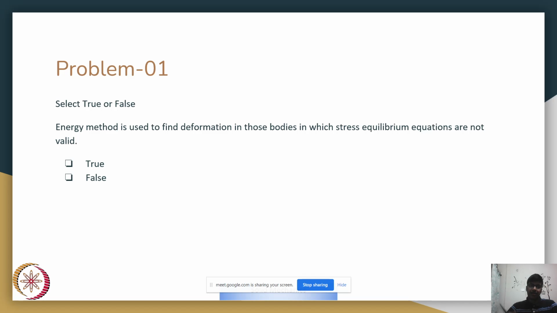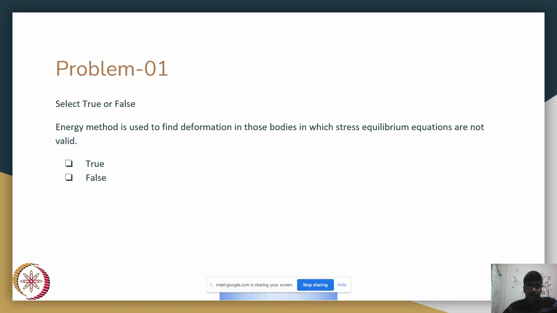So we start with energy method by first looking at what stress equilibrium equations are, and from there on we proceed: since our stress equilibrium equations are valid and they are linear in stresses, and then you have a linear relation between stress and strain, and you also have strain displacement relations which are again linear, so you end up with a case where your forces would basically be linear with your displacement.